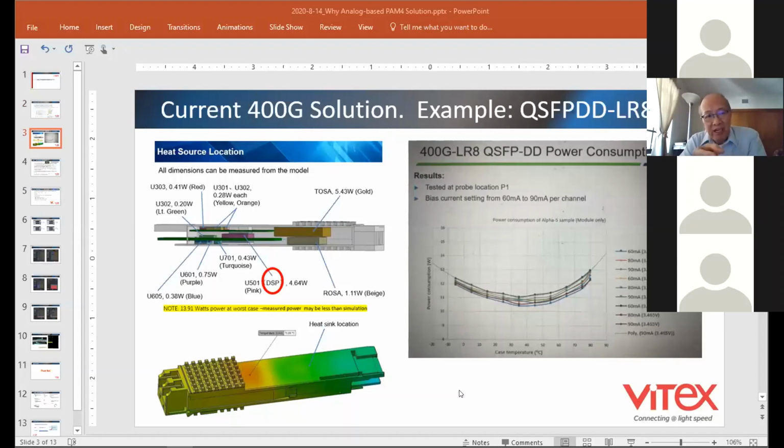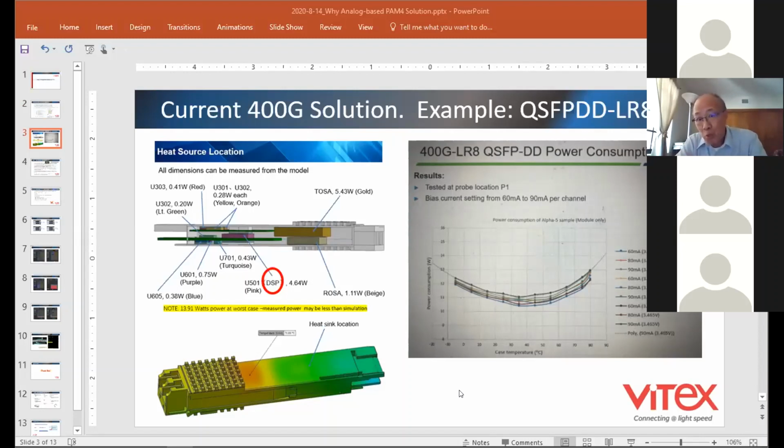And you can see the module down there is like a 180-degree flip. Basically, the optics are pretty hot. But I want to point out, besides the optics, there's a DSP inside. It consumes almost half of the power. And on the right side, you can see there's not much room to operate in this format. On both sides, low temp and high temp, it goes up very fast. This thermal analysis was done with a fan.